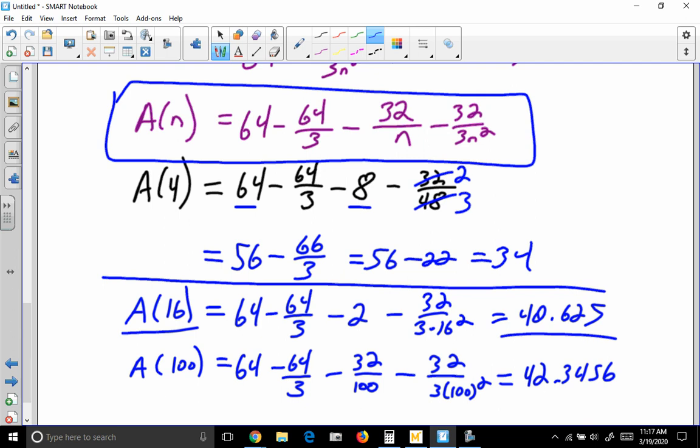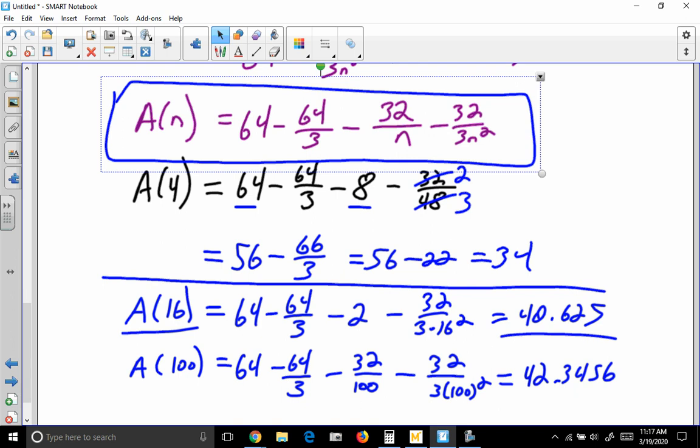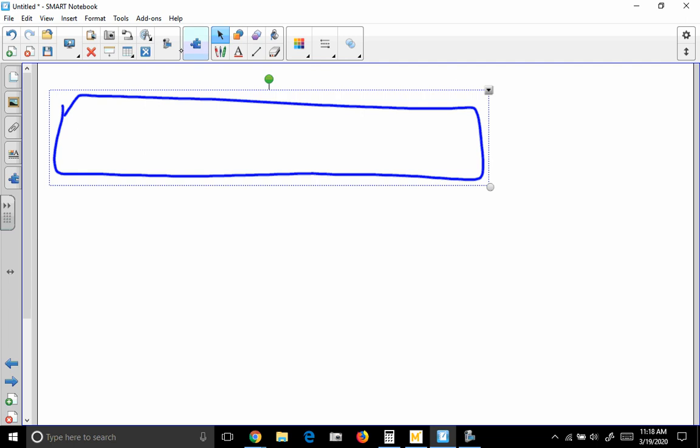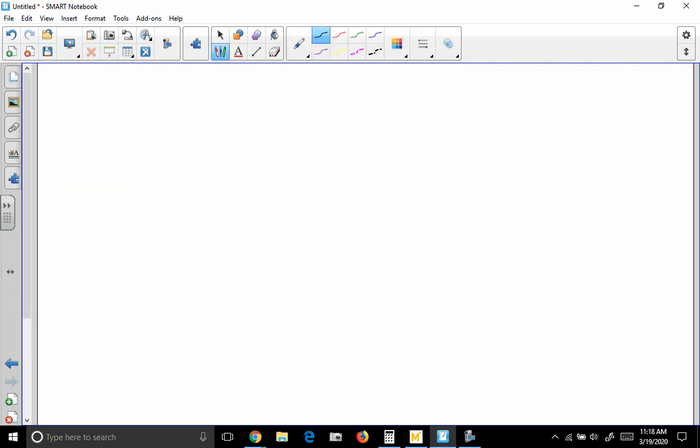So we could do 1,000 and 10,000. So how would we get the exact area? How many rectangles would it take? And so we would need to let the number of rectangles go to infinity. So we can take our formula for the area.